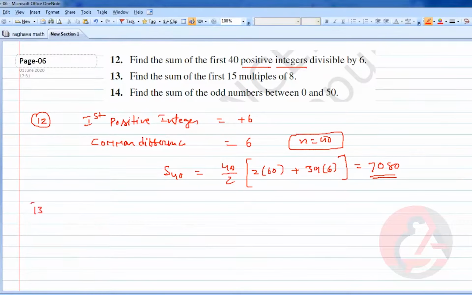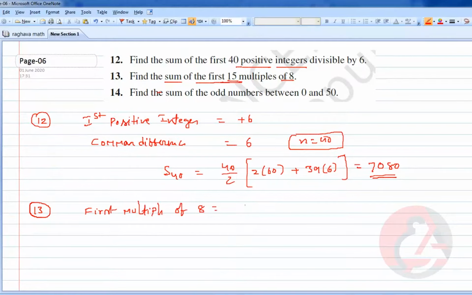Same kind but with different data. Here he is asking, find the sum of the first 15 multiples of 8. What is the first multiple of 8? Anyone?